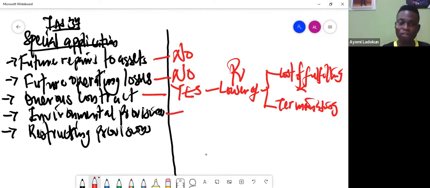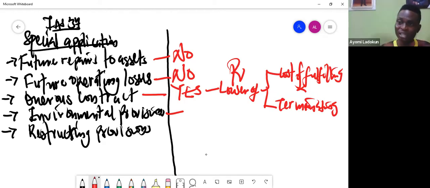Now, what's the meaning of environmental provision? Environmental provision is also what they know as clean-up cost. The cost you incur to clean up a particular damage that a company has created to the environment. It normally happens in oil companies, extractive industries, even some chemical companies, some manufacturing that deals with chemical waste and all of that.